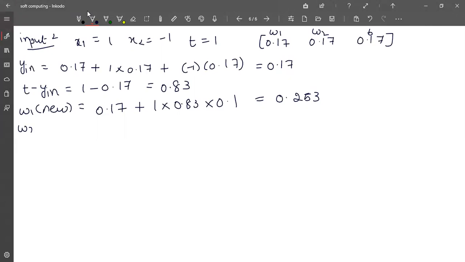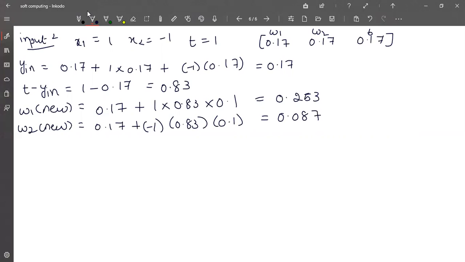And new W2: 0.17 plus x2 is -1, right? -1 into 0.83 into 0.1. So for this we will be getting 0.17 minus 0.083. So this is 0.087. Now new bias value.